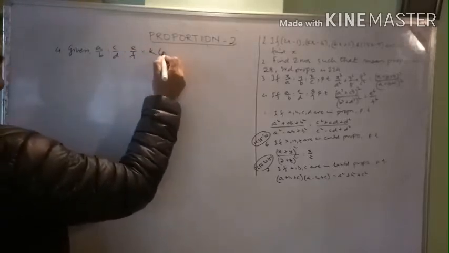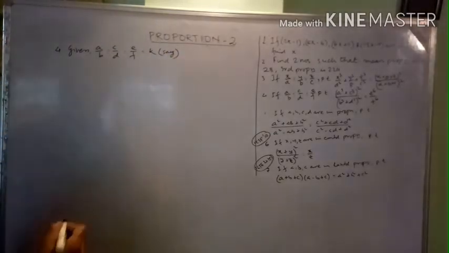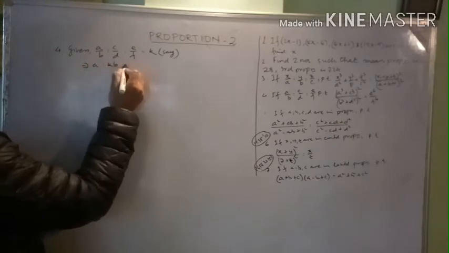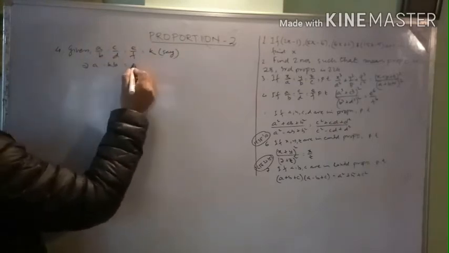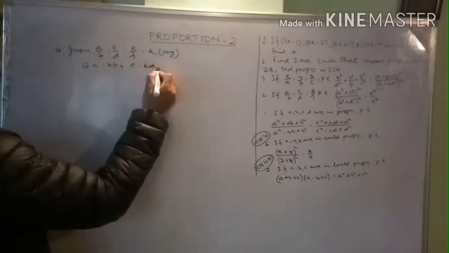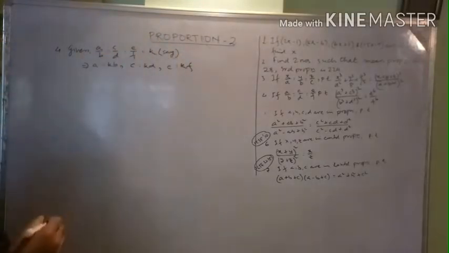So suppose each ratio to be equal to k. As before, we get a equal to kb. You can see a equal to kb. Then you get c is equal to kd, and you get e equal to kf, as you can see.